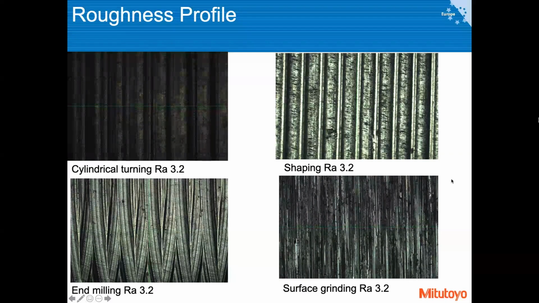So besides only seeing this parameter Ra, you are definitely interested in seeing the texture, like how it actually looks like, and thus you have these either microscopic images like here, or you have these profilograms, which I just showed you recently, these kind of wavy profiles.